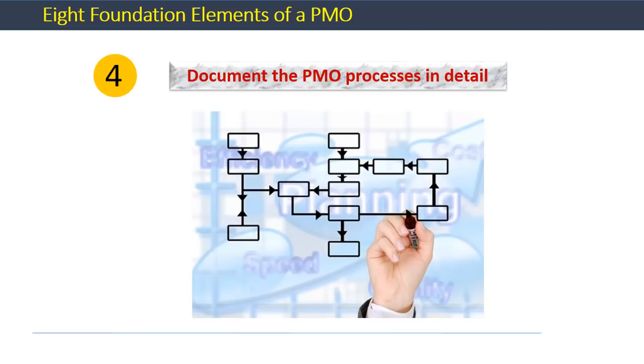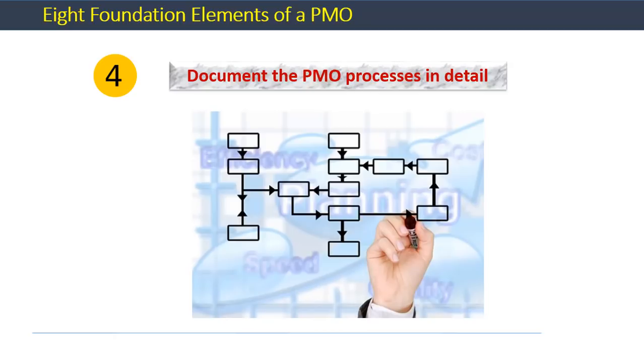The depth of the PMO processes that you institute within your PMO can range widely depending on the goals and objectives of your PMO. For example, a PMO that handles mission-critical systems may require a more comprehensive risk management methodology than in other cases.